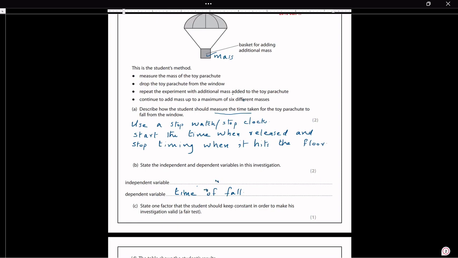So the mass is the independent variable. The mass added, the mass of the block, is the independent variable.